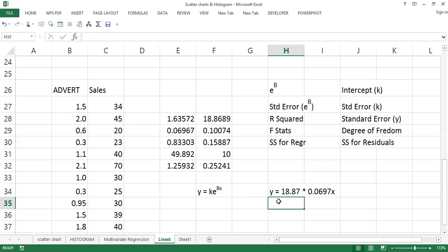Okay, so exponential what? Exponential 0.0697x, to the power of.